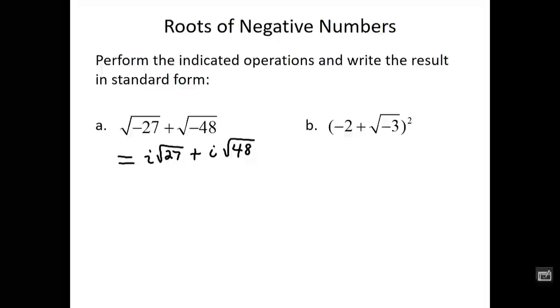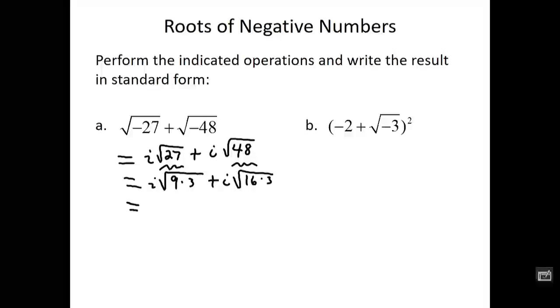So the next step is to simplify each radical. The square root of 27 can be expressed as 9 times 3, plus i times the square root of 48 can be expressed as 16 times 3.